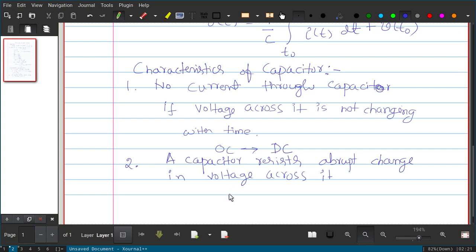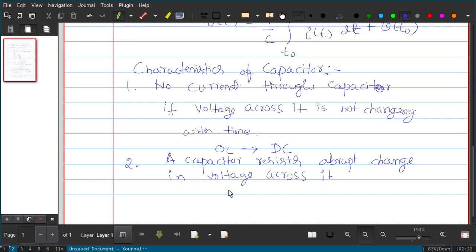What I mean is, first consider a resistor. If it is carrying a voltage of 5 volt at a certain instant, let it be t equal to 0, and you would like to change its value from 5 volt to 6 volt, you will remove the 5 volt battery and apply a 6 volt battery. Instantaneously the voltage across the resistor will change. It will not resist any change in the voltage.